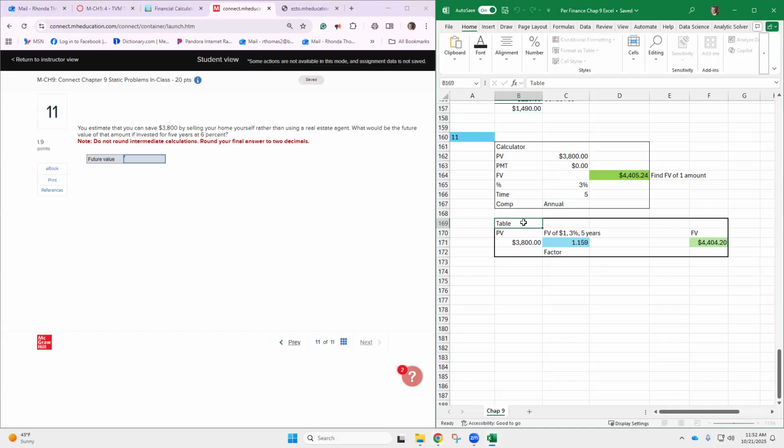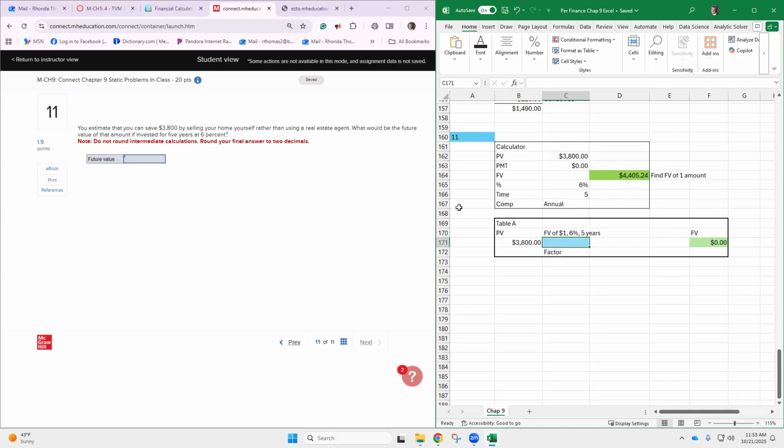We're going to use table A. We're looking for the future value of the $3,800 that we're saving at 6%, over a period of 5 years. Future value of $1 at 6% for 5 years.